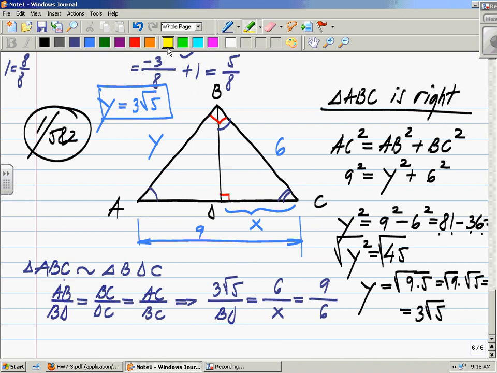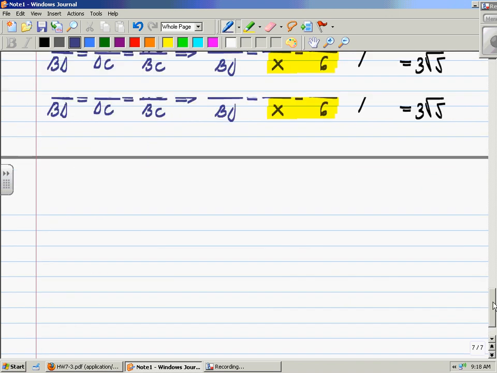Looking at your similarity proportions here, which one can you use to find a missing side? Well, I don't have to find BD, so I don't need that, but I need to find x, and I can use the last two ratios here, that proportion in yellow. Using the cross products, what is the equation that you can write?